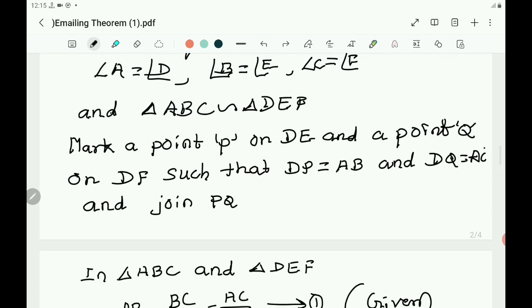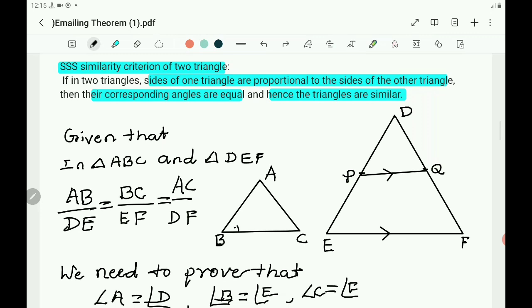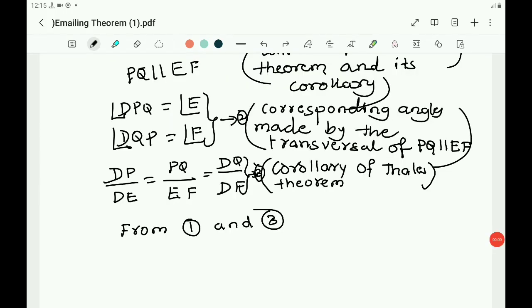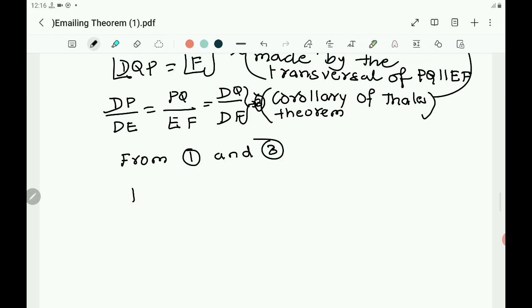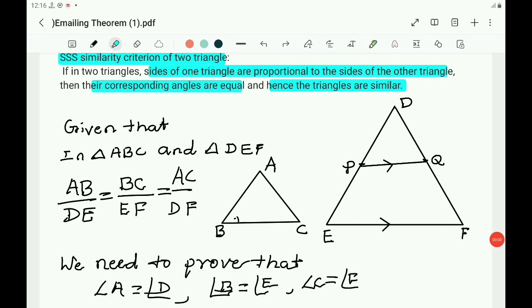In the figure also you can note it down. Here what you got? BC is equals to PQ, as AB is equals to DP and AC is equals to DQ. Then from first and third, what you can write? BC is equals to PQ.